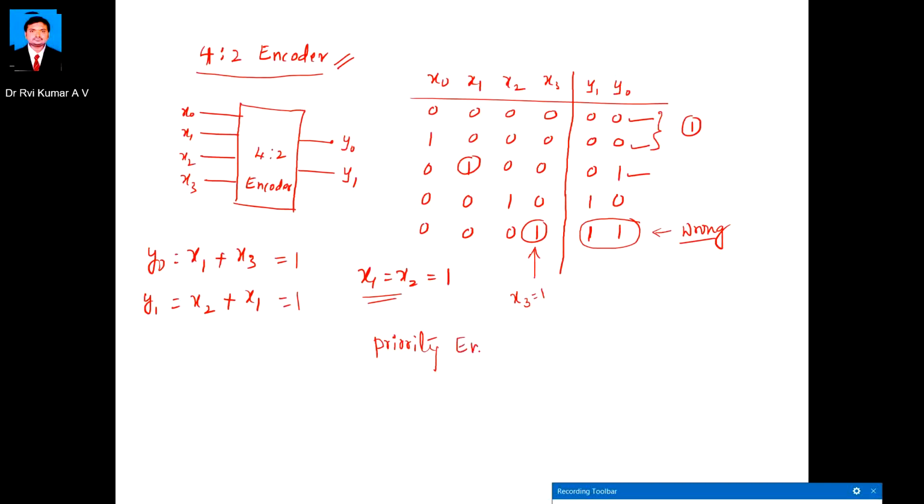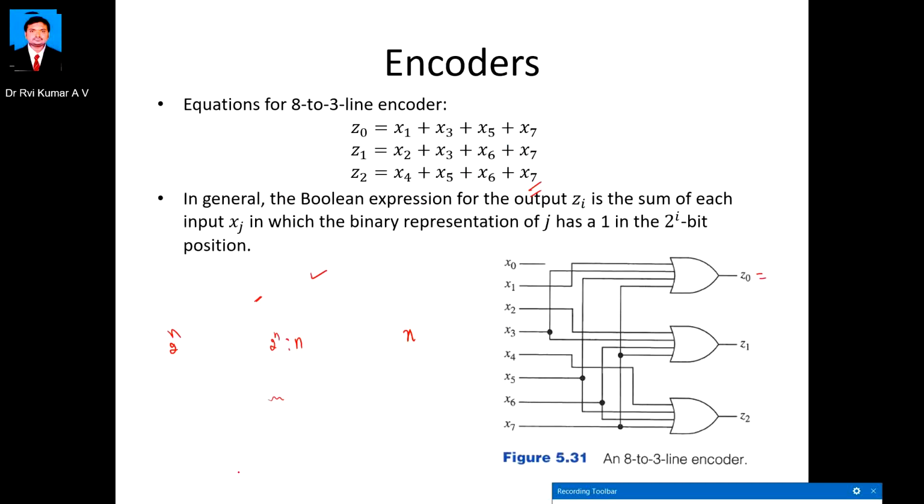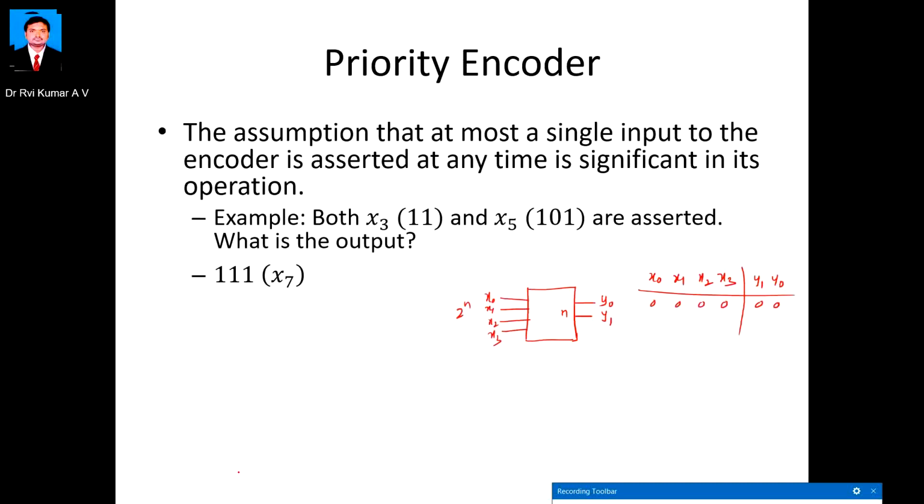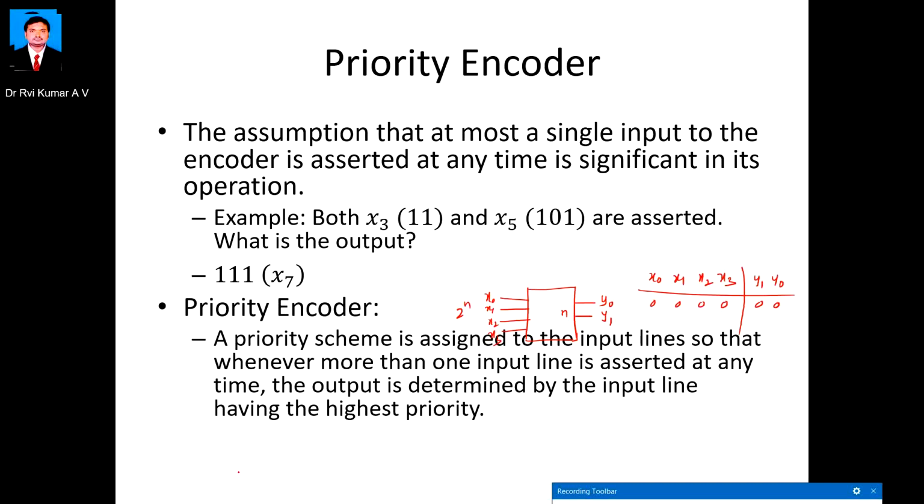Priority encoder. Here we can see how we can implement this by using a priority encoder. Let us assume that at most a single input to the encoder is asserted at any time, as we discussed earlier with x3 equal to 1, for the 8 to 3 encoder.